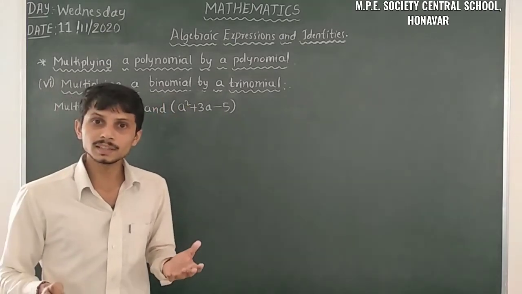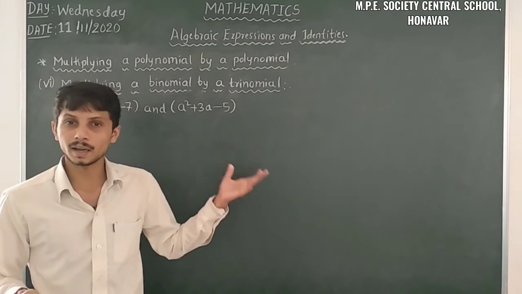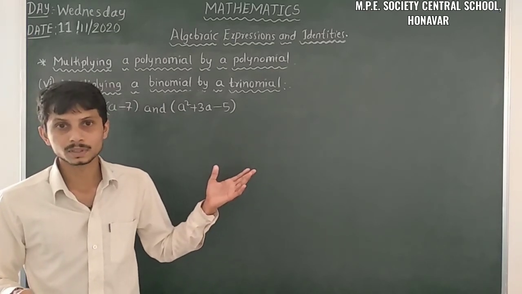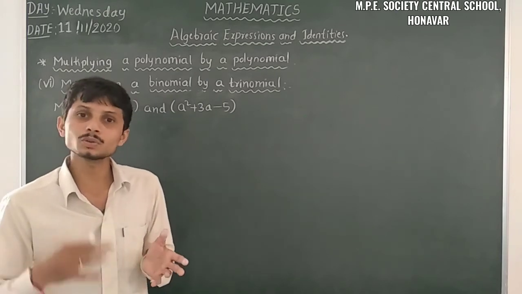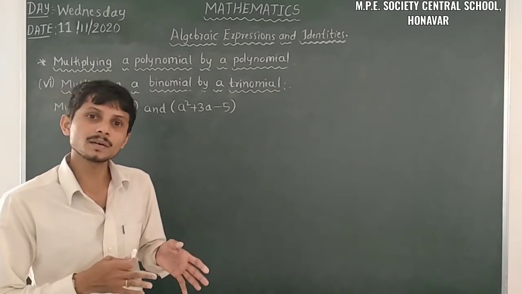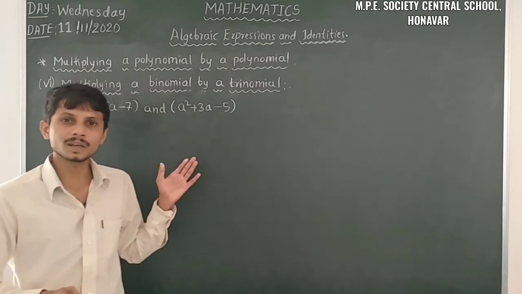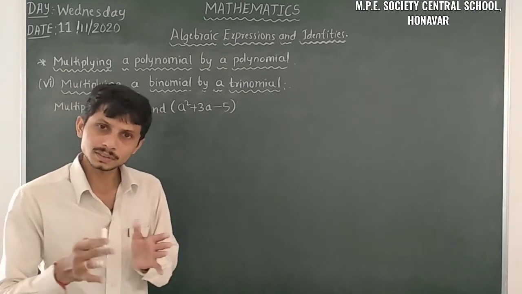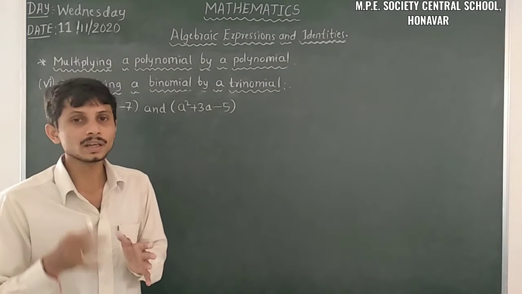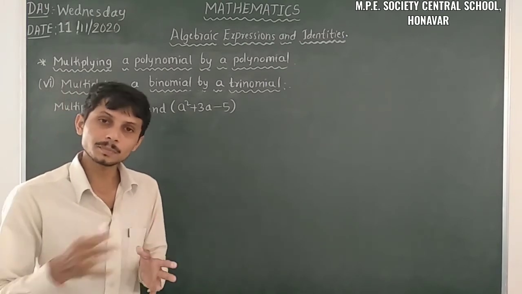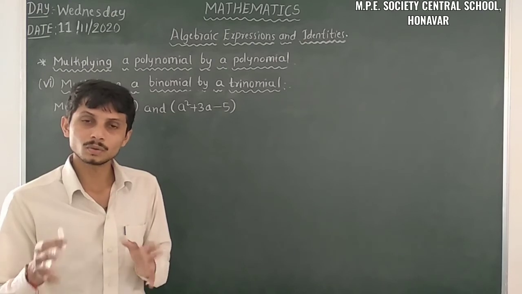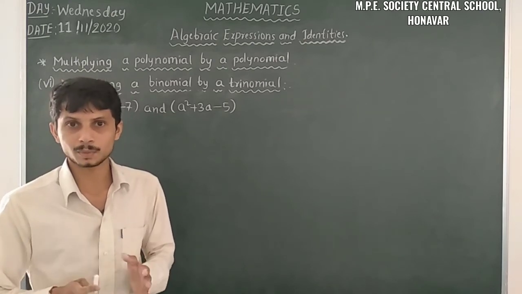It is very easy when you take the trinomial as a monomial. When we take the binomial as a monomial, it's also easy, but some time consumption is there. So you can take any method, but whatever method you take, you have to take the right steps.